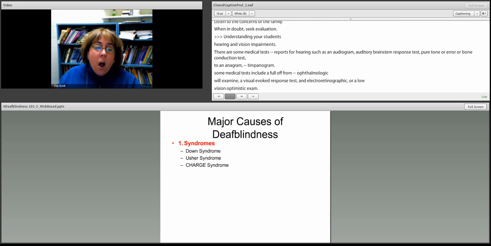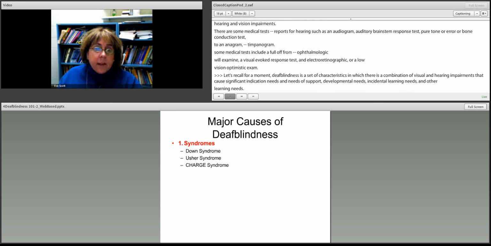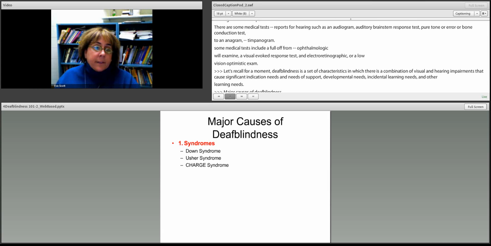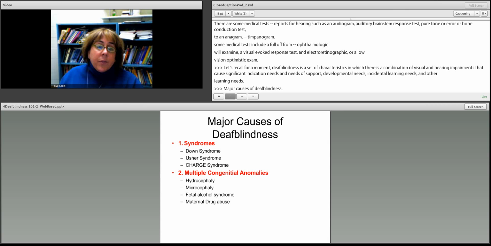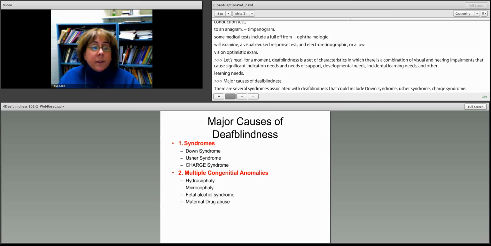Major causes of deaf-blindness: there are several syndromes associated with deaf-blindness that could include Down syndrome, Usher syndrome, and CHARGE syndrome. There can also be deaf-blindness caused by multiple congenital anomalies such as hydrocephaly, microcephaly, fetal alcohol syndrome, and maternal drug use.